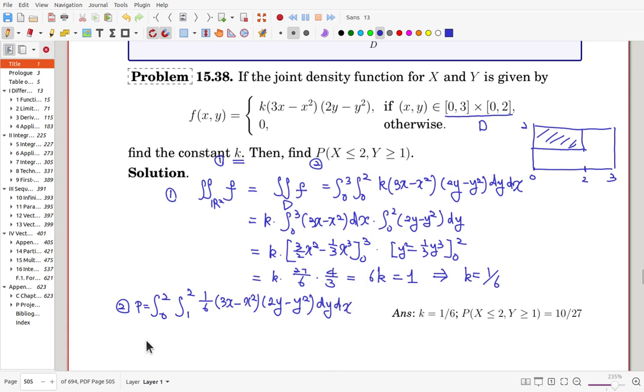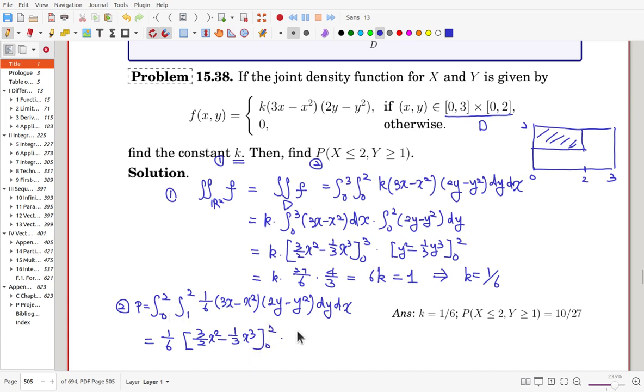Now exactly the same way, 1 over 6 can come out, and now it's separable, so you can get it, as we already know the antiderivative. So here 3 over 2 x squared minus 1/3 x cubed, in the x direction from 0 to 2.